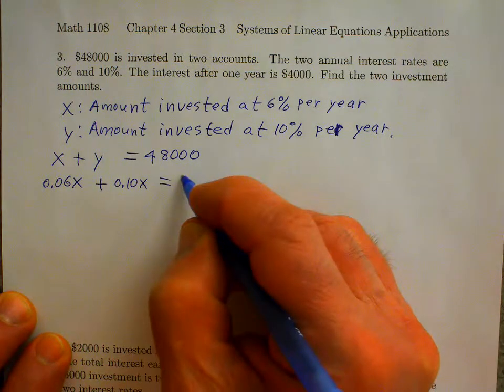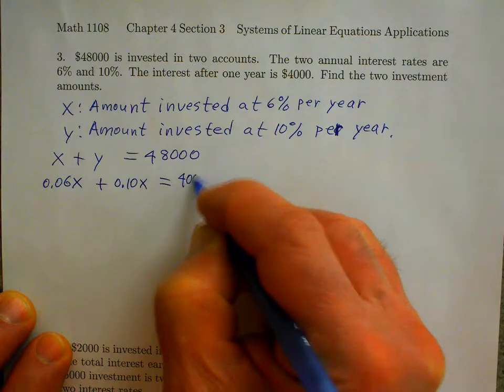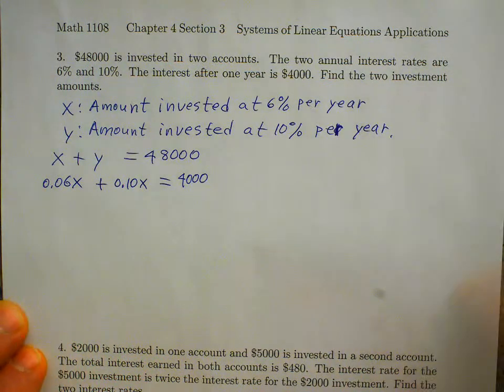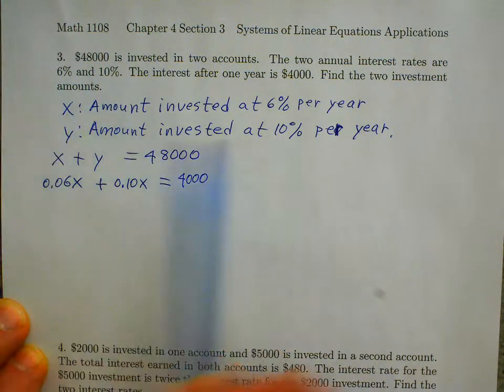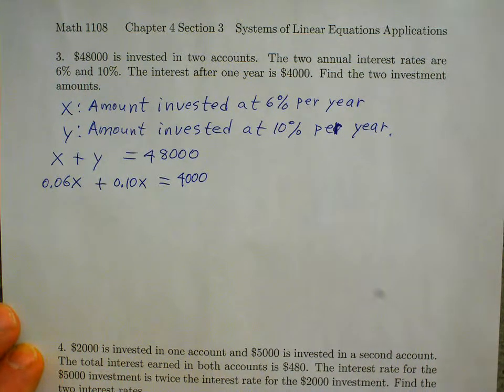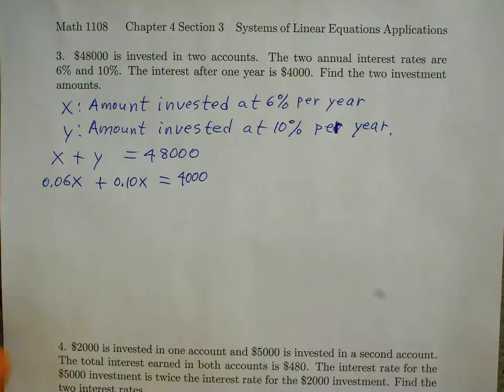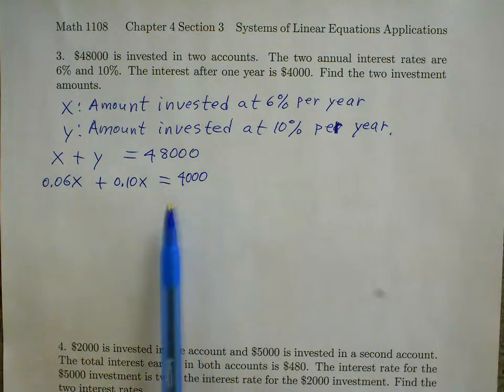So the right-hand side of this equation is $4,000. Afterwards, after class, go back and read problem 2 and note how it's different than this one. It's not really that hard to understand, but make sure that you know the difference.